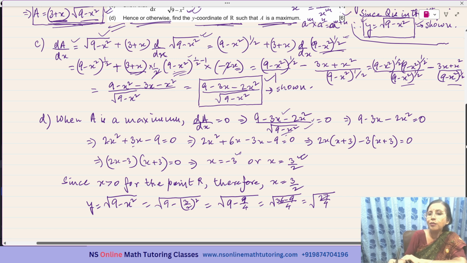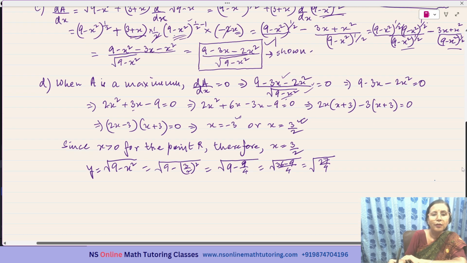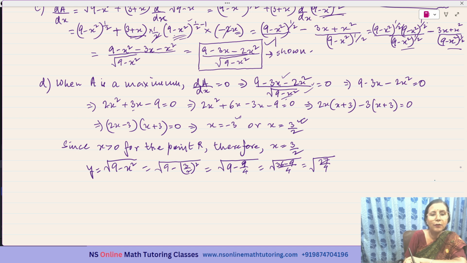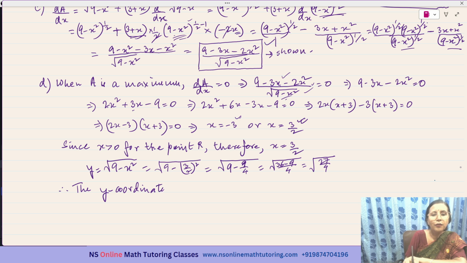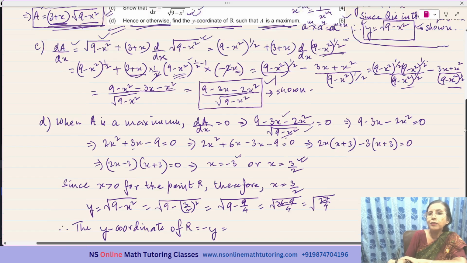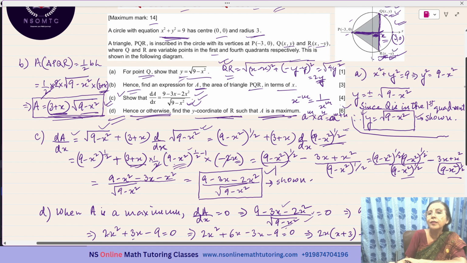Okay, square root of 27 over 4. Fine. So this is the y. Therefore, the y coordinate of R is equal to negative y, see, it was negative y.